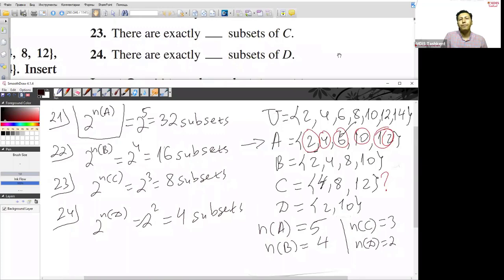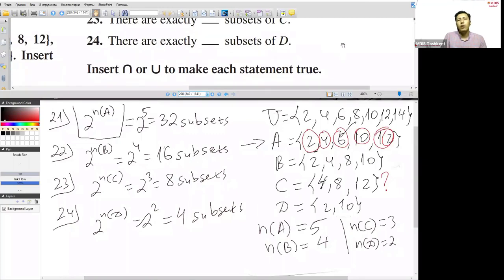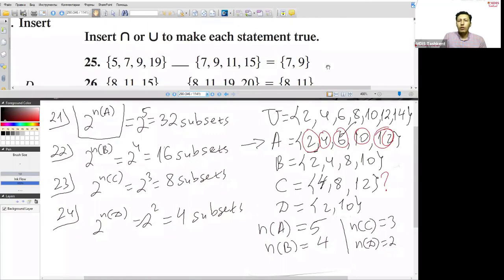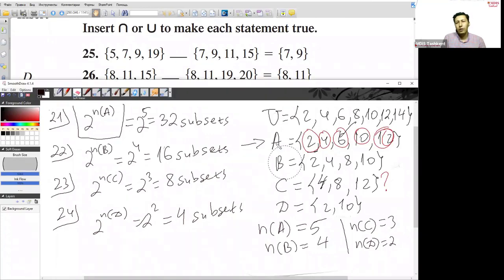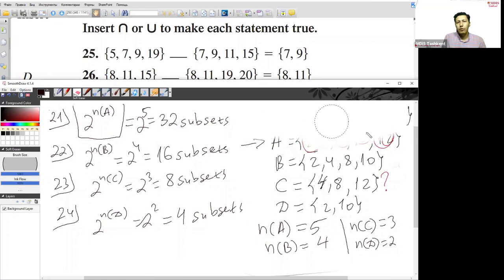Understand? Now we move to intersection and union. So I will clean this.